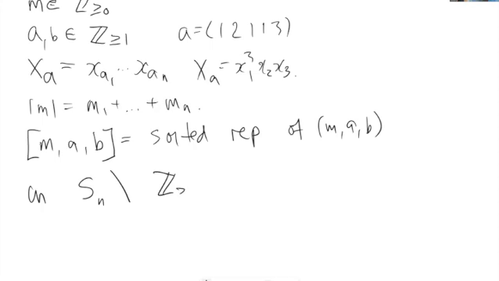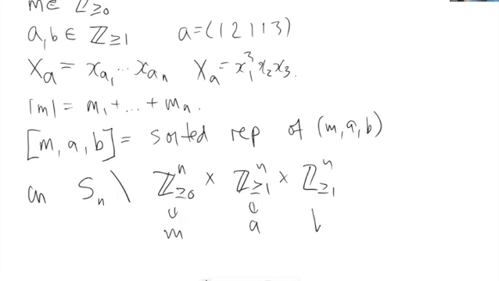So M lives in this thing, A and B both live in this thing. So M is here, A is here, B is here.